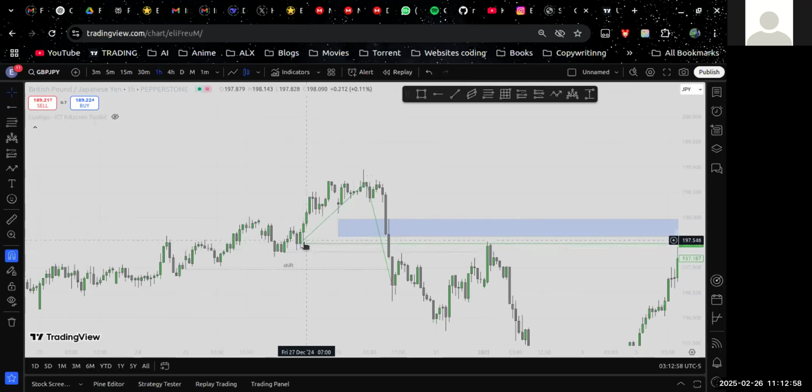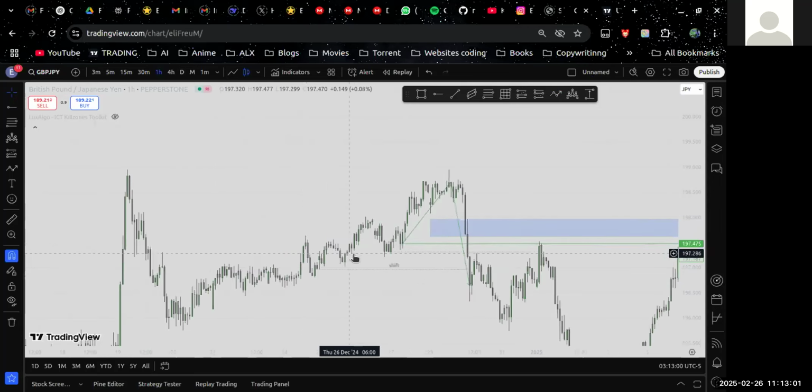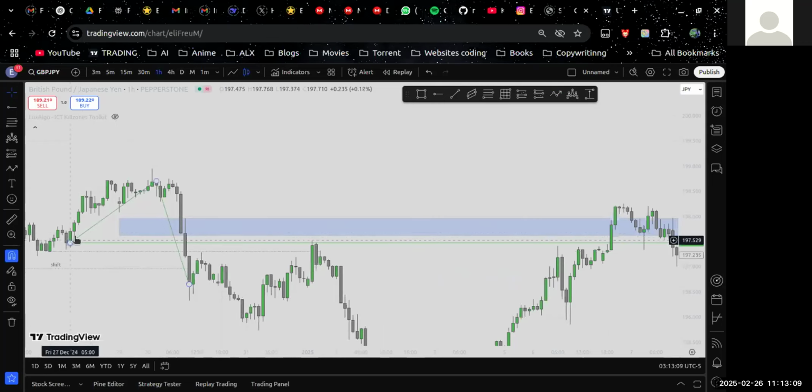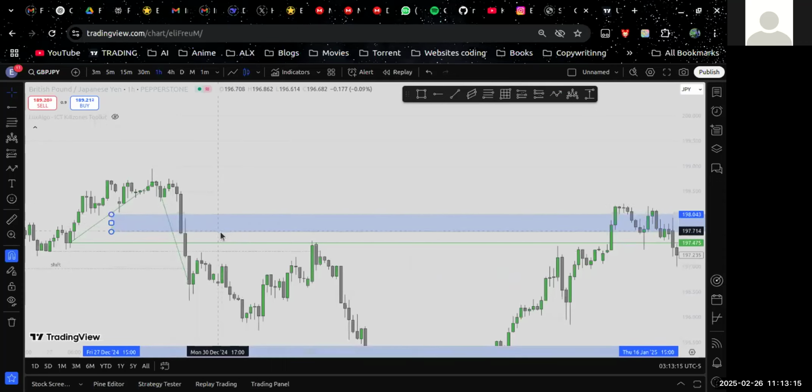So this is our key zone when we're looking for sells, because this is what made the liquidity engineer to the upside. So if you look carefully, we have this key zone over here, yeah? I initially marked it, yeah?